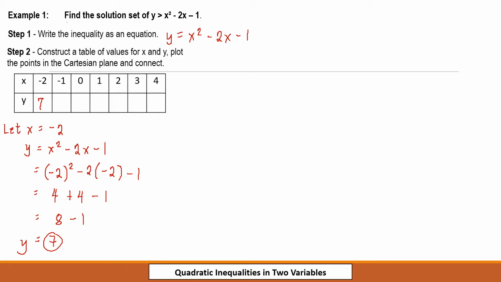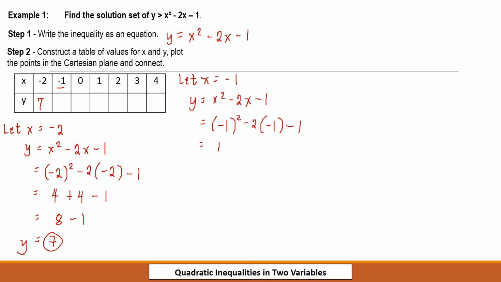Next, let x be negative 1. Substitute negative 1 in the given equation y is equal to x squared minus 2x minus 1. Negative 1 squared minus 2 times negative 1 minus 1.